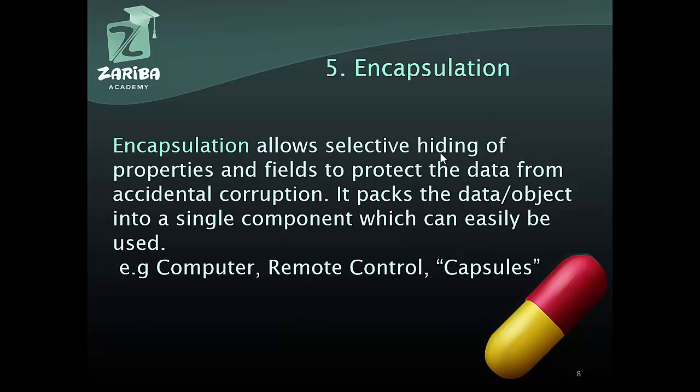But we selectively hide the option for this property to be changed. So no one can change the balance, and if someone was allowed to do that, it would break the whole bank system and the economy and so on. So this is selective hiding.